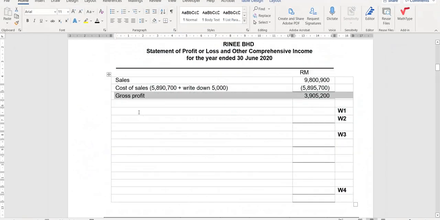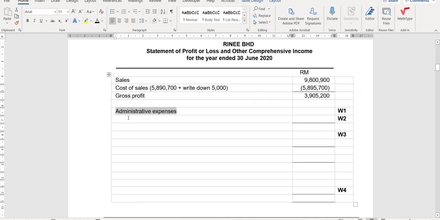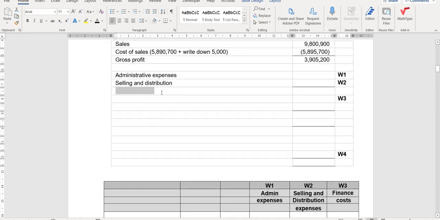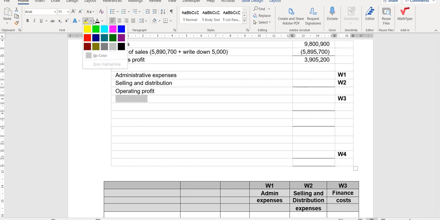Next is the item on admin expenses and selling expenses. Here you need to go and figure out that by doing your working. So let's start by doing this working, where we are going to show the working for selling, admin, and also the finance costs.